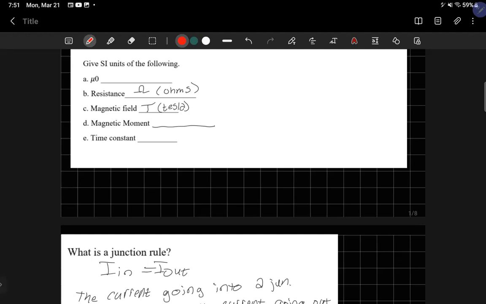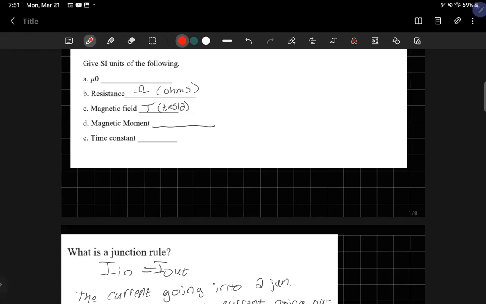Time constant. It's RC. So that's ohms times C, what is it? Tau equals RC.